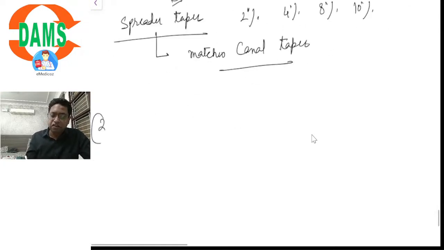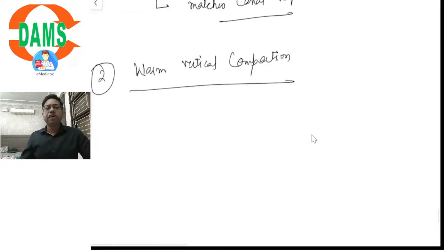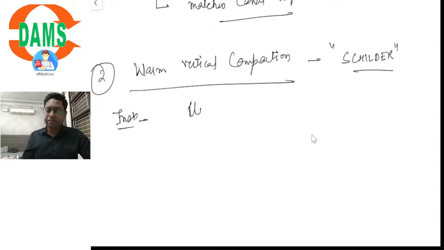The second method of root canal obturation is warm vertical compaction. This technique was proposed by Schilder, and the instrument that is used for warm vertical compaction is a plugger.